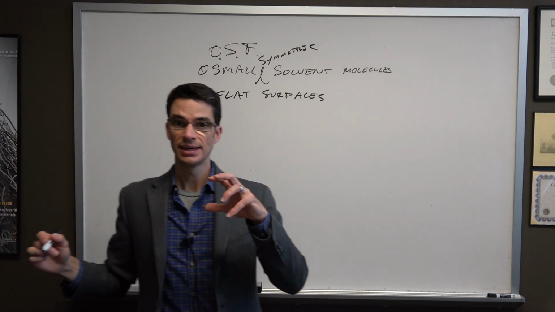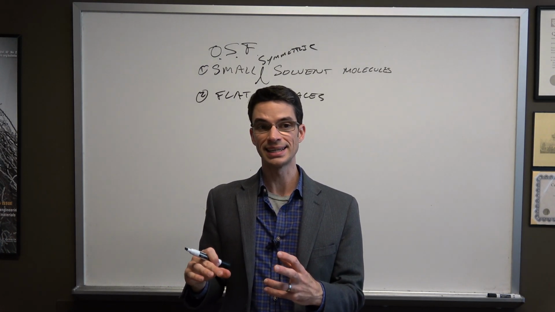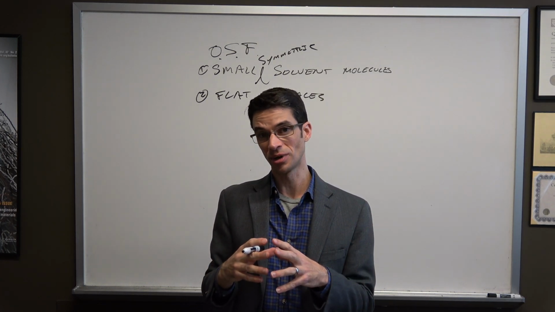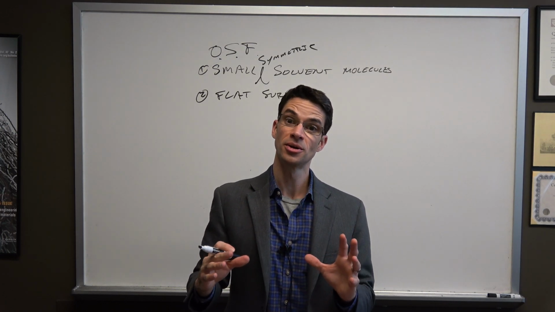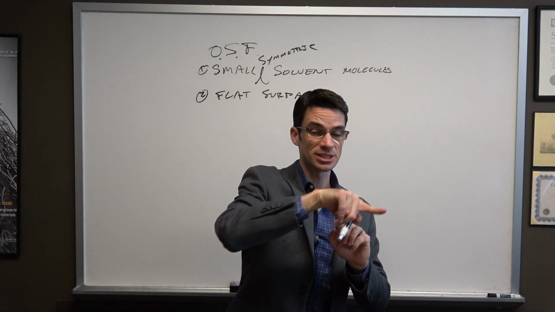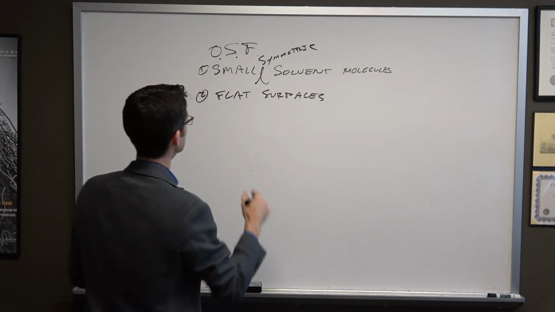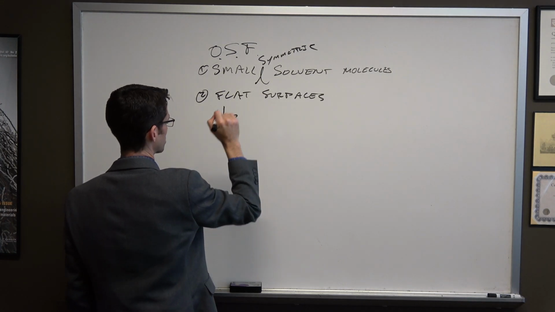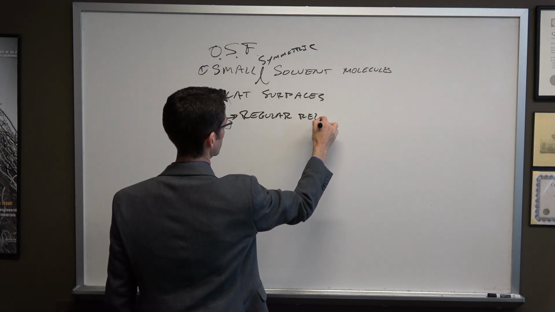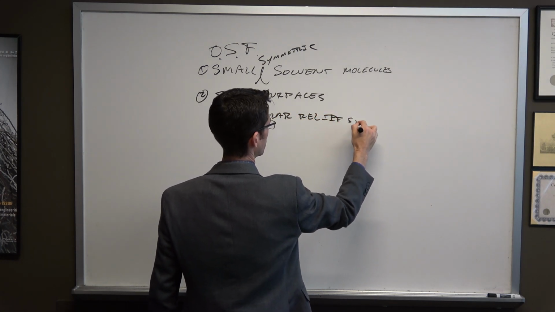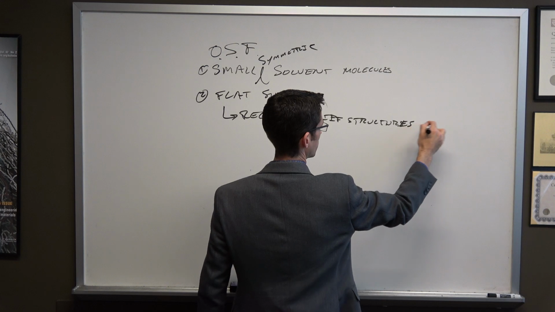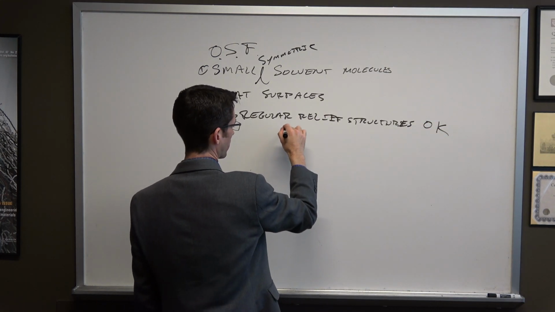Remember that if we have roughness in the surface and it's about a third of the hard sphere diameter of the molecules, then the oscillatory solvation forces will be greatly reduced. Now we can have relief structures on the surface, but they have to be regular. So regular relief structures are okay. What do I mean by regular relief structures?